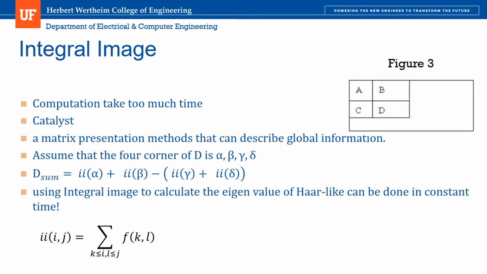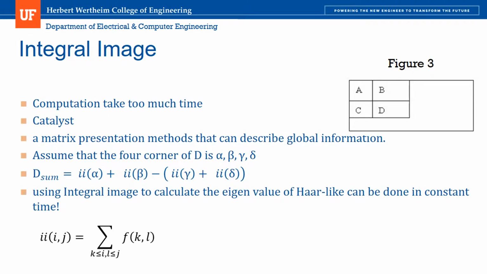For example, only a 24 by 24 window contains at least 100,000 features, not to mention the calculations for these values. In this case, a catalyst is required, which is called integral image in this progress.